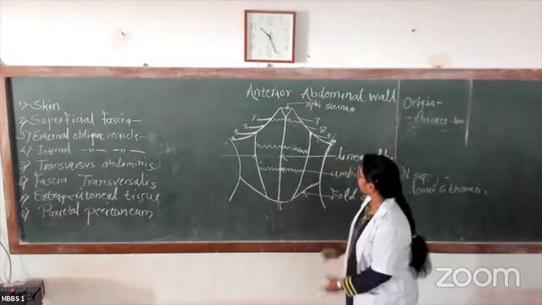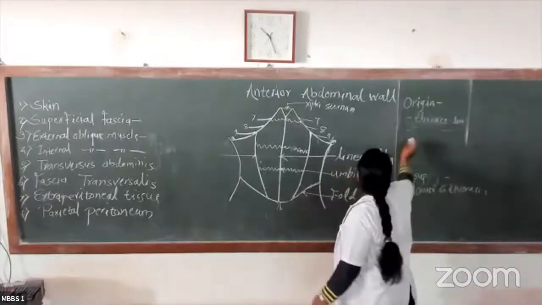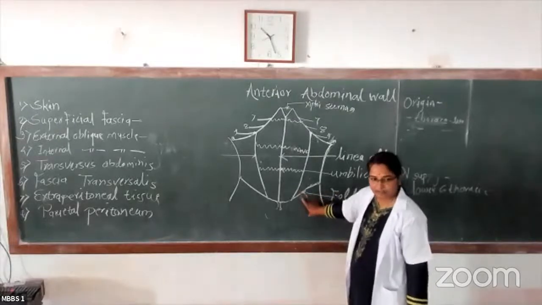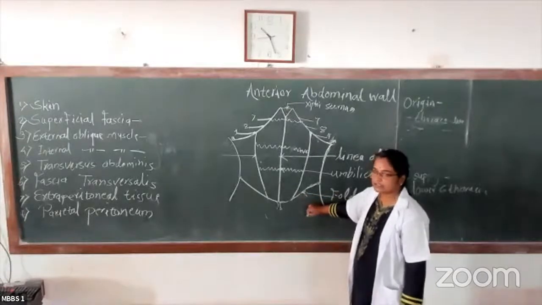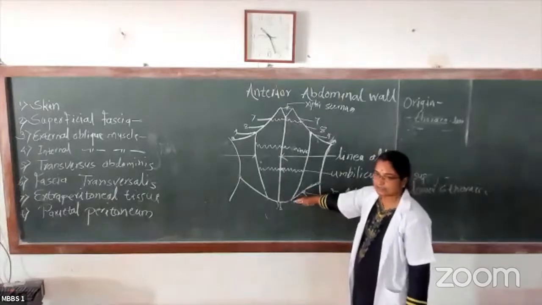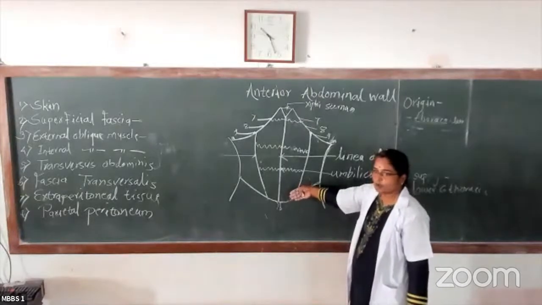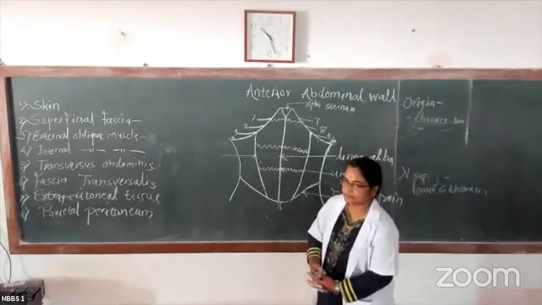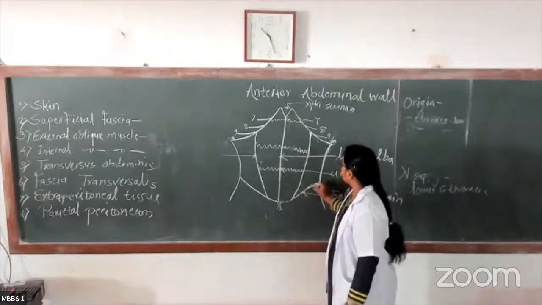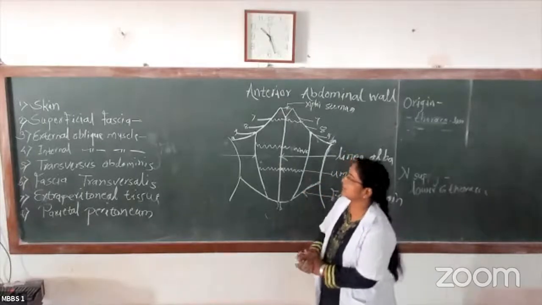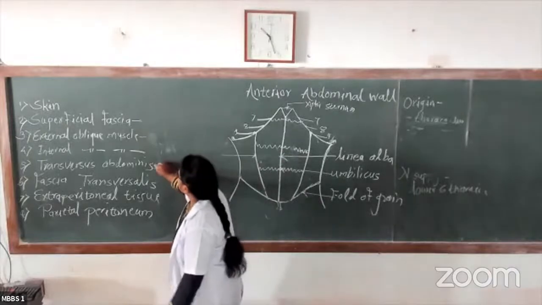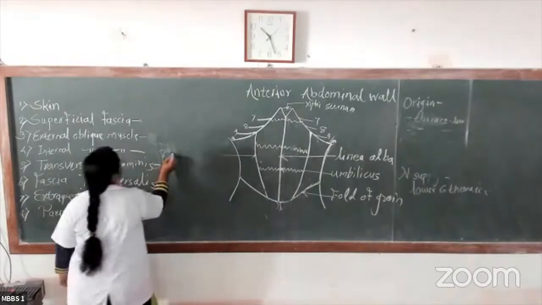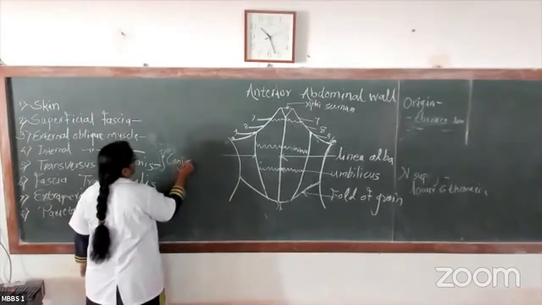Now the inguinal fibers: the origin is again from the lateral 2/3 of the inguinal ligament. These inguinal fibers first run upwards and medially, arch over the inguinal canal and descend downwards. They fuse with similar fibers of the transversus abdominis to form the conjoint tendon.